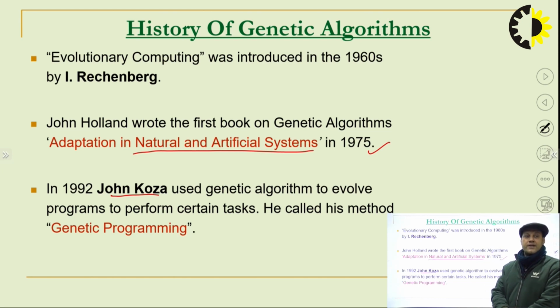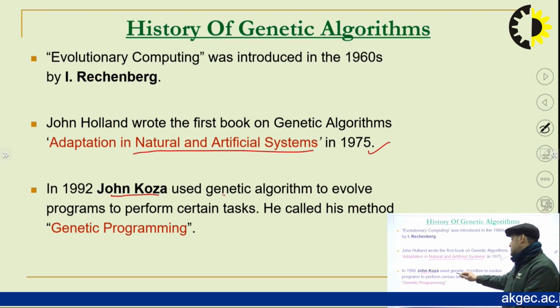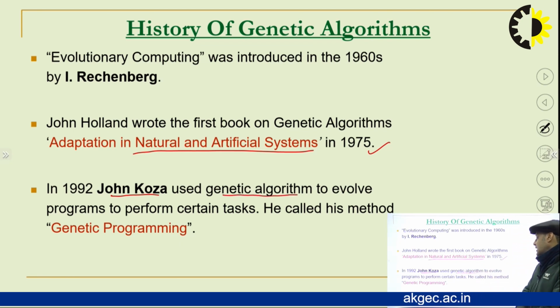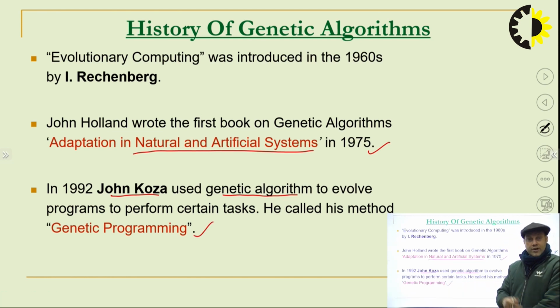Certain tasks are solved using these genetic algorithms, and he called this method genetic programming. Here comes the name genetic programming. John Koza used this word for the first time in 1992. In programming, we use certain logic to solve a task. So that is genetic programming.